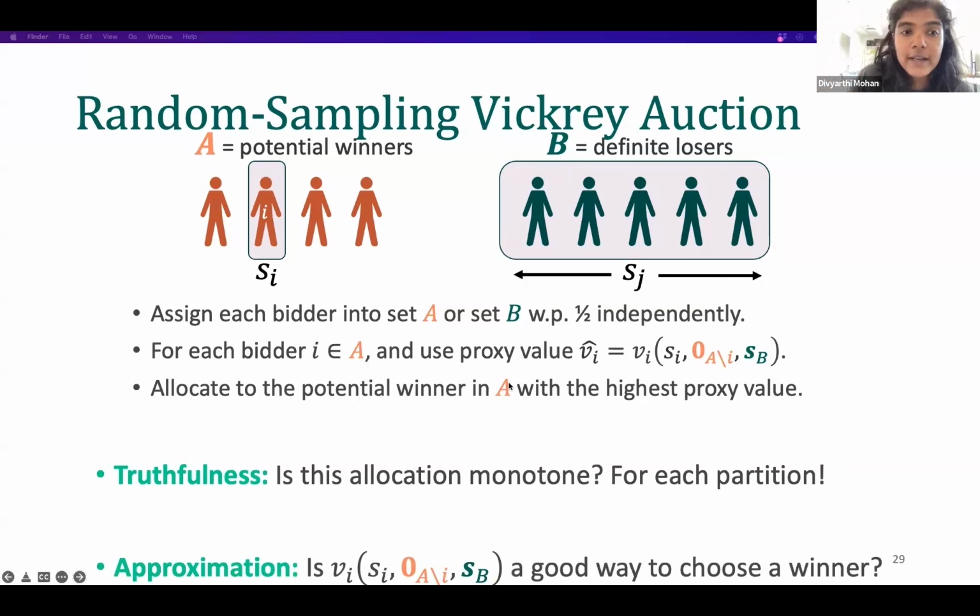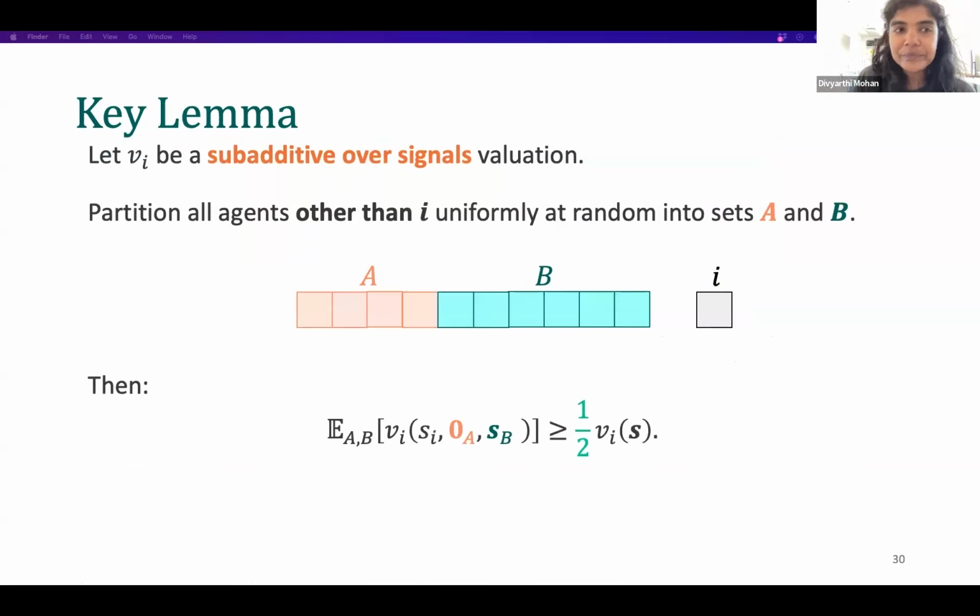But is this a good way to choose a winner, right? Like, is using the proxy values a good way to find the right winner? And for this, we are going to use subadditivity crucially and prove this very, very simple key lemma.